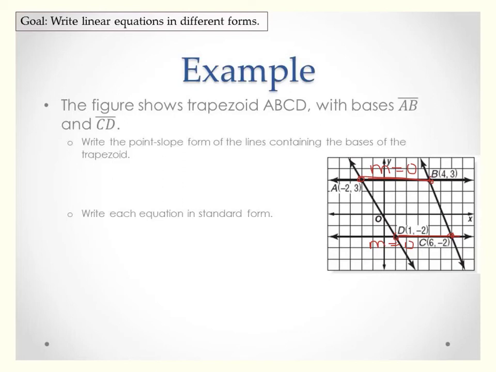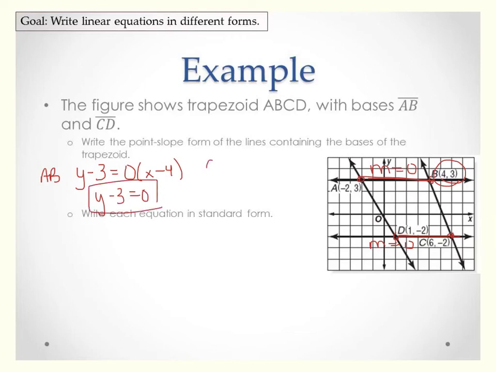So, to write the line for AB, you're going to write y minus, so let's pick one of our points. Let's do B. Y minus 3 equals 0 times, you could write x minus 4, but what's 0 times anything? Just 0. So there you go.